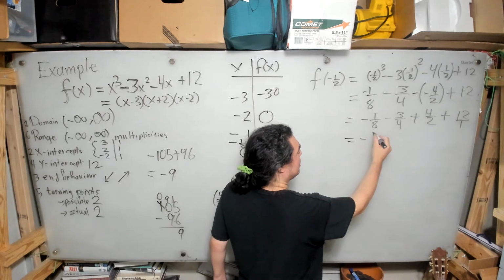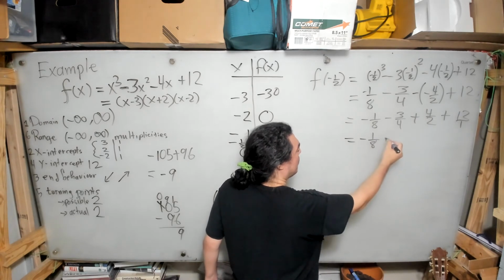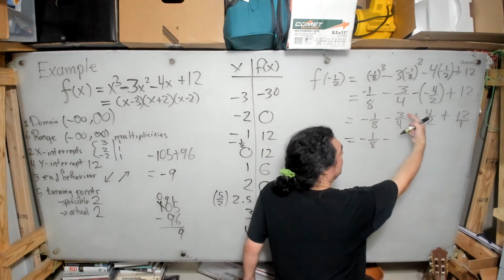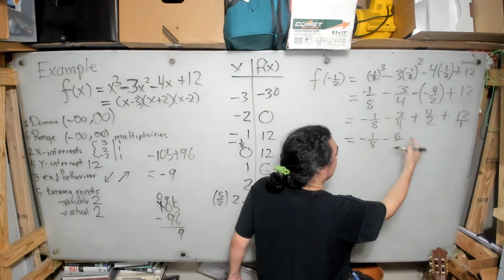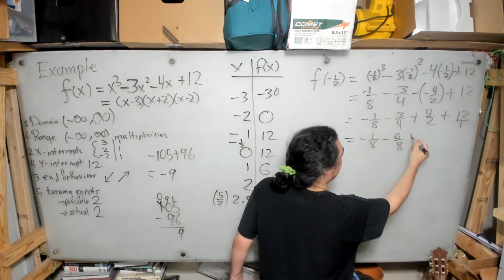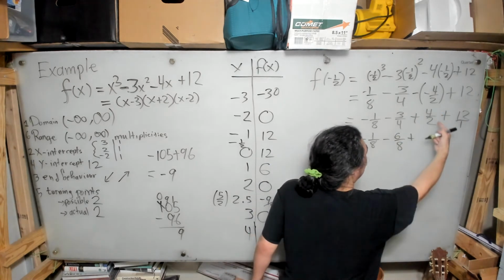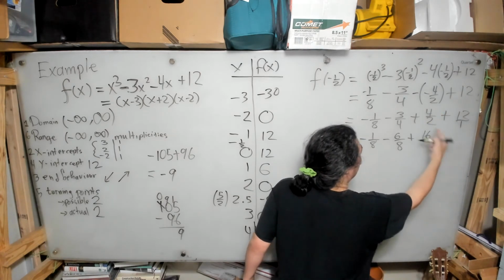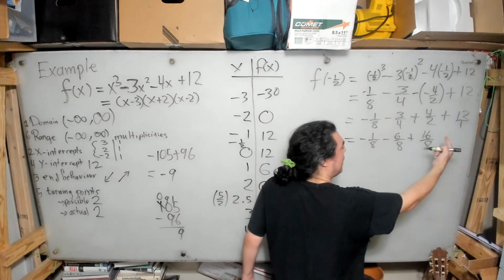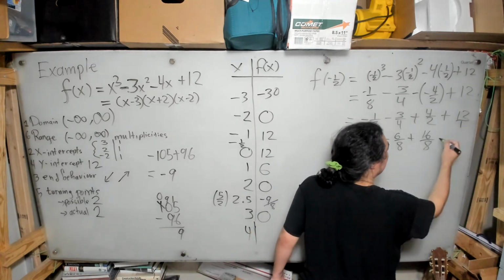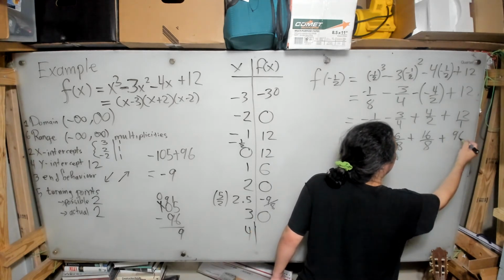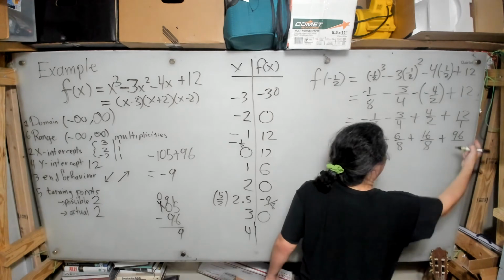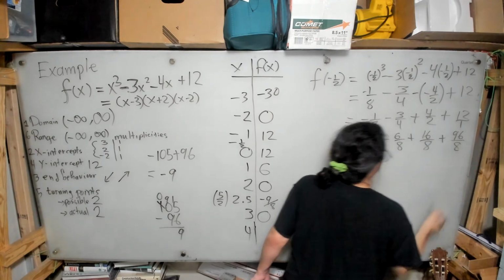In this case, I get negative 1 over 8 minus 3 times 2 is 6, 4 times 2 is 8, plus, multiplying the top and bottom here by 4, 4 times 4 is 16, 4 times 2 is 8, and then I know that 8 times 12 is 96. How do I know that? Because we just did it, right? And that's going to be divided by 1 times 8, which is 8.